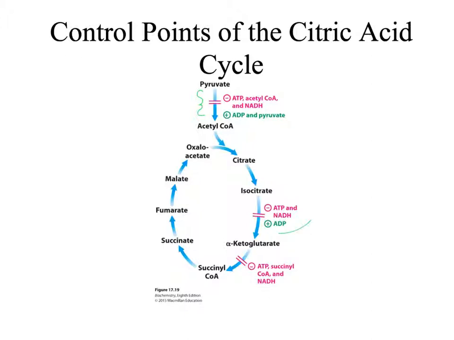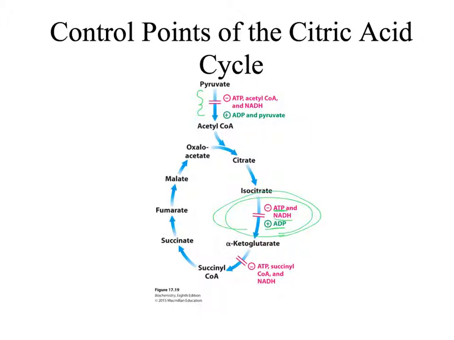The first is this portion where we have the isocitrate dehydrogenase enzyme in there. And this particular enzyme is going to be allosterically stimulated by ADP, so it's turned on by ADP, but it's going to be inhibited by ATP and NADH.